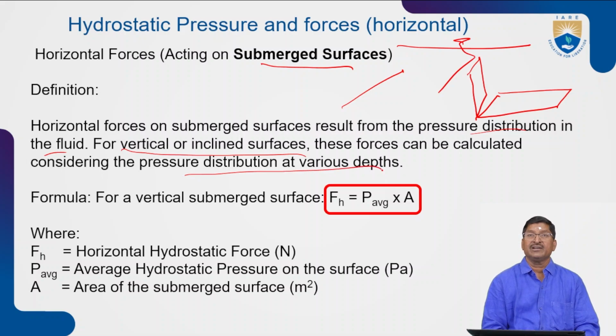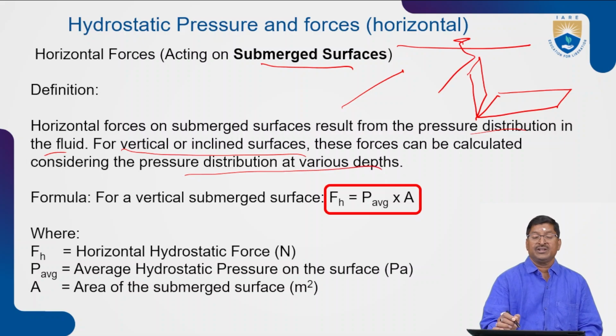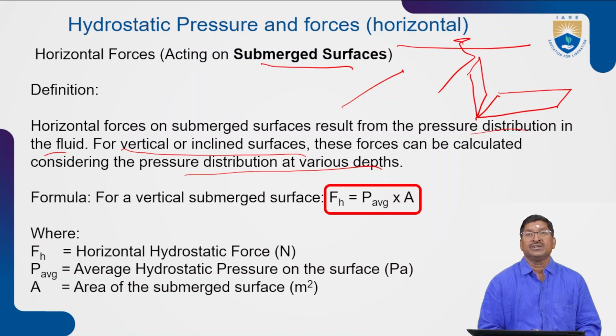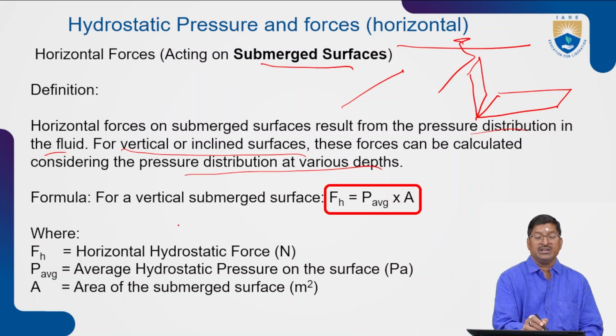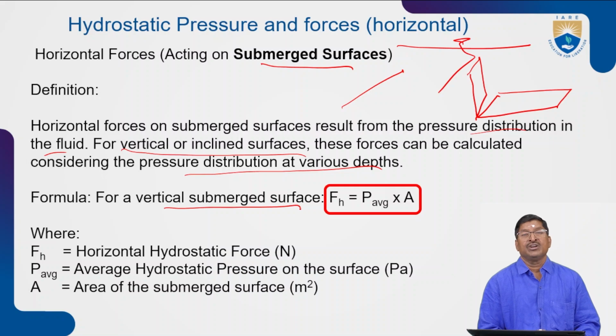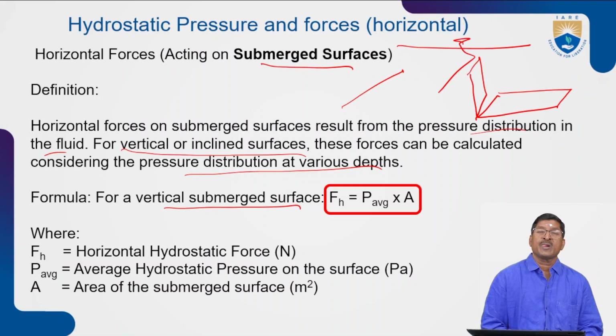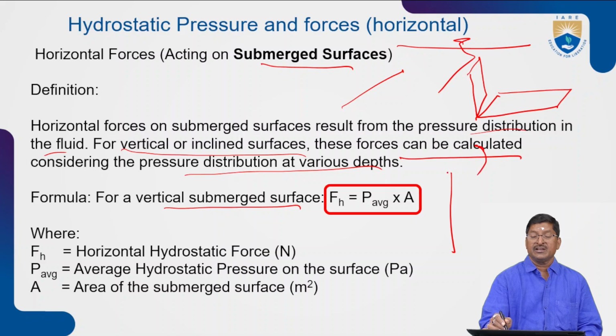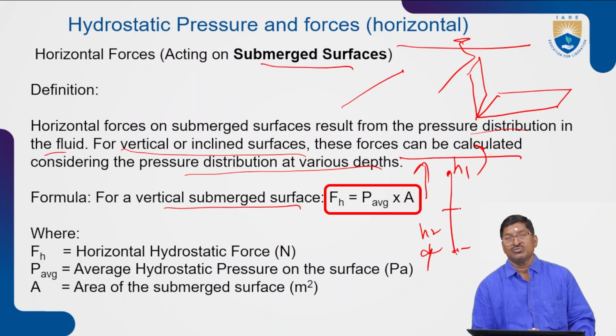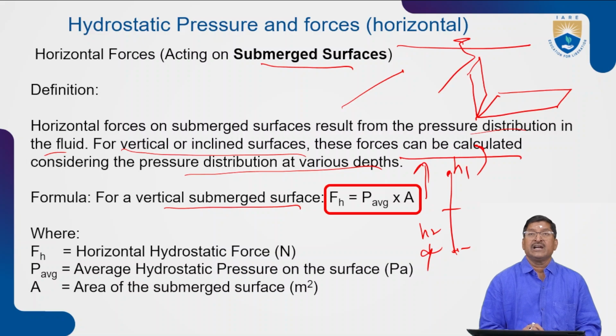So how will you calculate the force here? It is P average into area. For a vertically submerged surface, hydrostatic force is equal to P average into area. What does it mean? P average means, here the water surface is here, this point is at H1 and this point is at H2 from the surface. Then the average is H1 plus H2 by 2, and you get the average pressure.